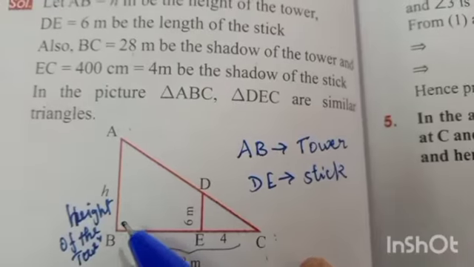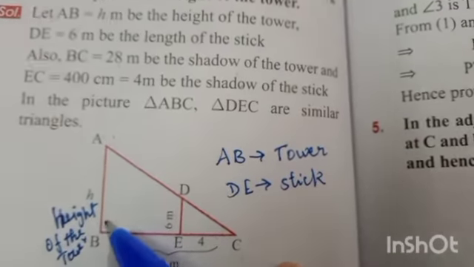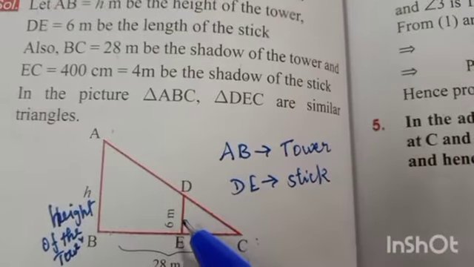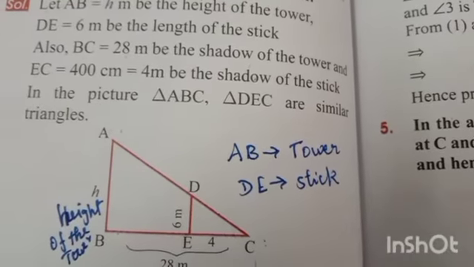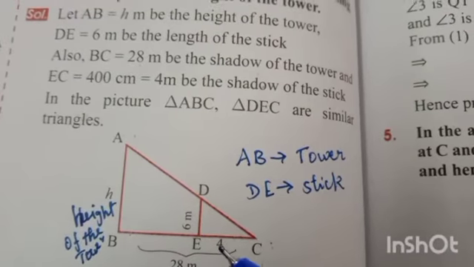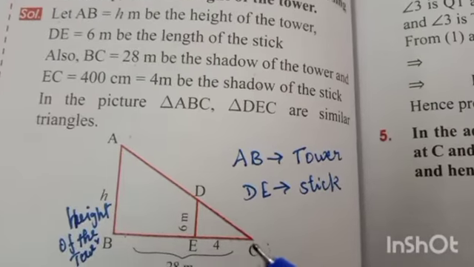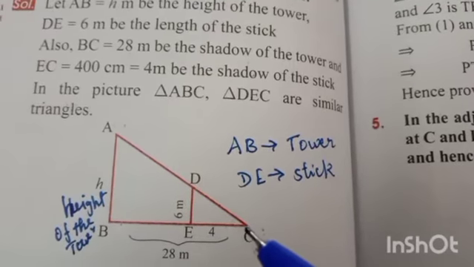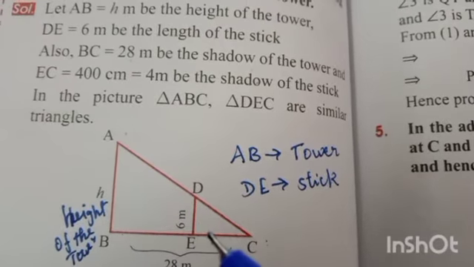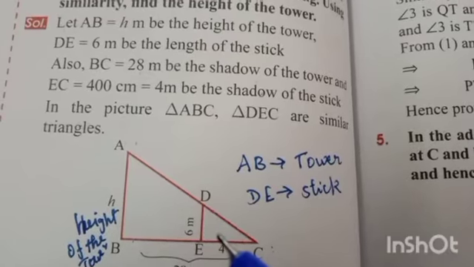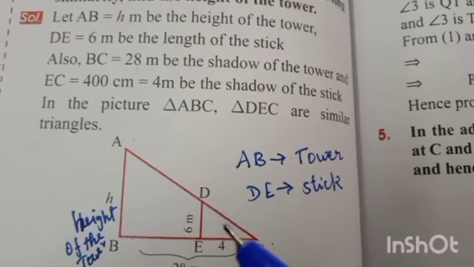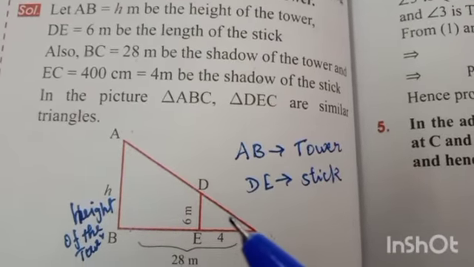Then also angle B is 90 degrees and angle E is also 90 degrees. So the two angles are equal. So by AA criterion, we conclude that these two triangles are similar. Since the triangles are similar, their corresponding sides are in proportion.